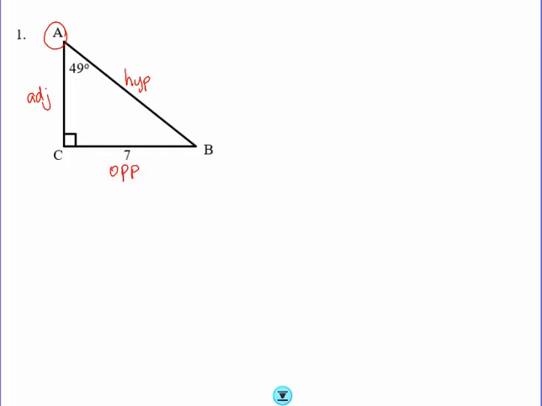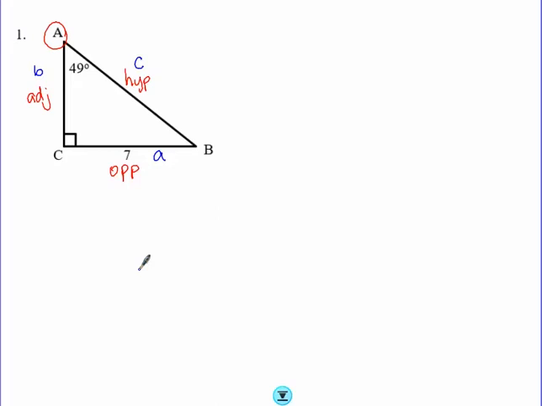To help with our calculations in a few minutes, I'm also going to label the side opposite angle A as side A, the side opposite angle B as side B, and the side opposite angle C as side lowercase c.